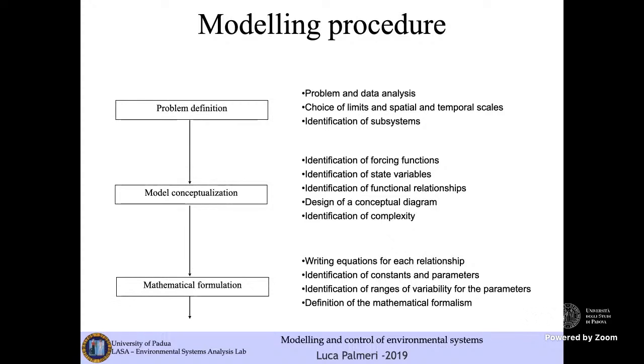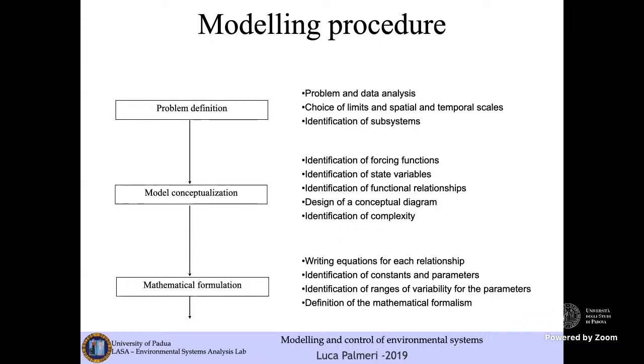Then you start designing conceptual diagrams. So conceptual diagrams mean, for example, drawing boxes and flows or compartmental subdivision of the system. So you may say, okay, one state variable may be, for example, chlorophyll A because I need a description of the primary production processes and so on.